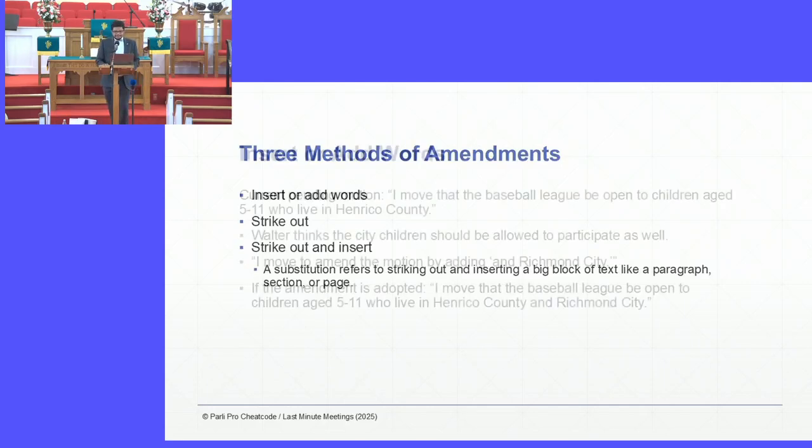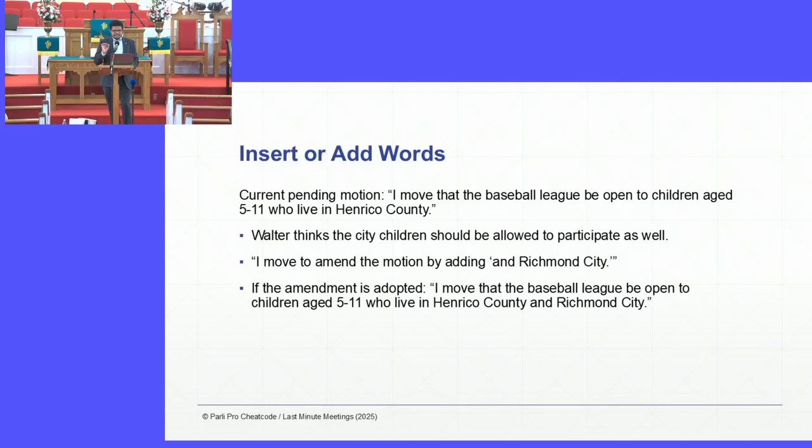Next slide. Let's say your current motion is, I move that the baseball league be open to children aged 5 to 11 who live in Henrico County. Walter thinks that the city children should also be able to participate in the baseball league.